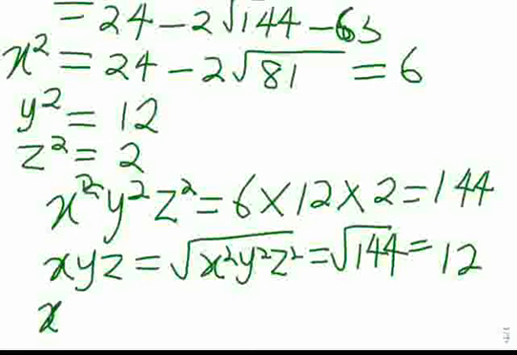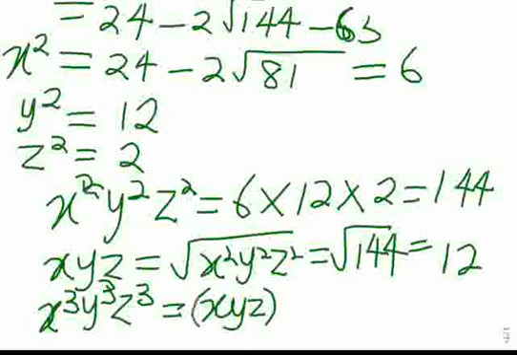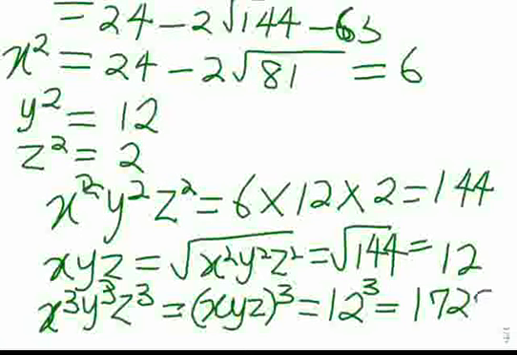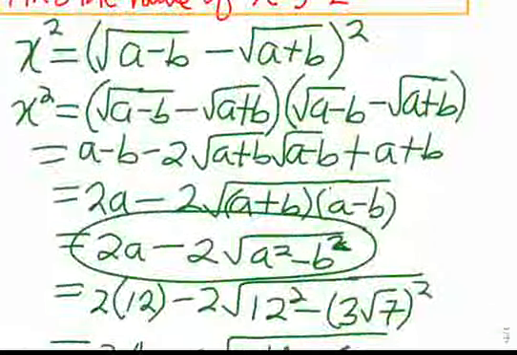So finally, x cube, y cube, z cube, that is simply x, y, z all cubed. So when that 12 is cubed, the answer to that question will be 1728. So 1728 is the answer to this question.